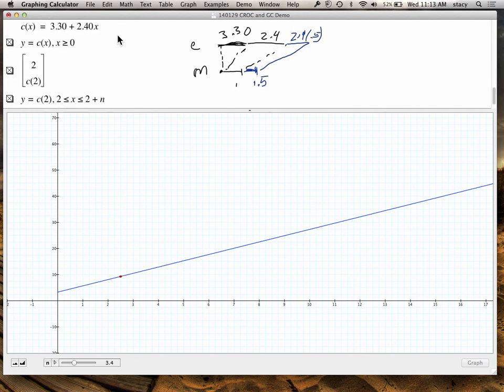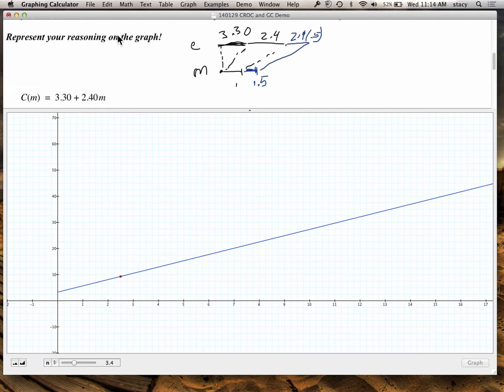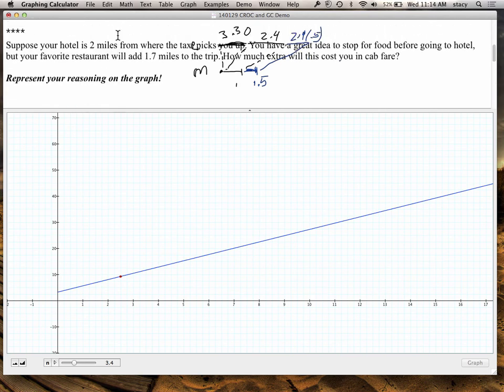Let's say I want to suppose that my hotel is 2 miles from where the taxi picks me up. And I have a great idea to stop for food before going back to the hotel. But my favorite restaurant is going to add 1.7 miles to the trip. How much extra will this cost in cab fare?